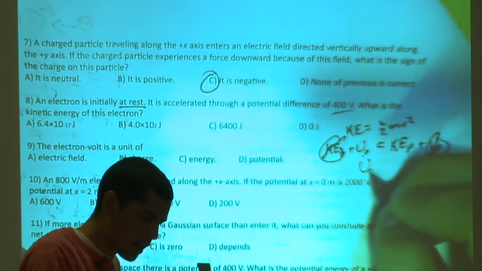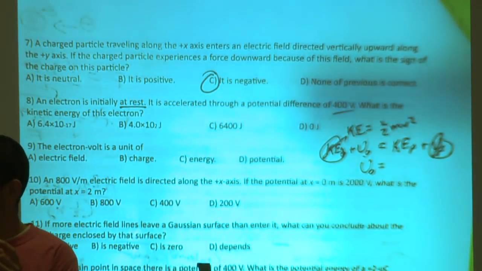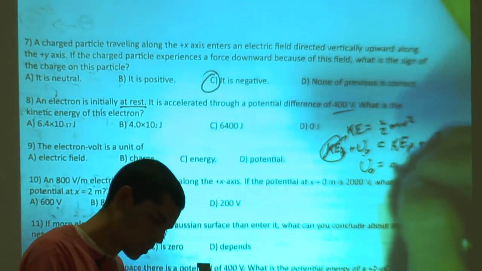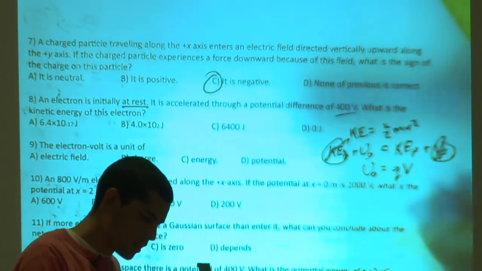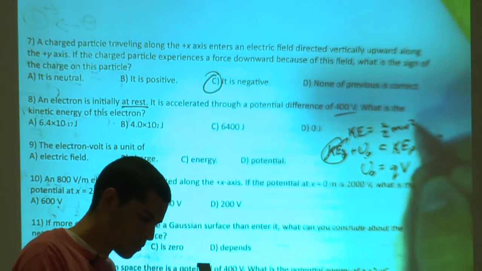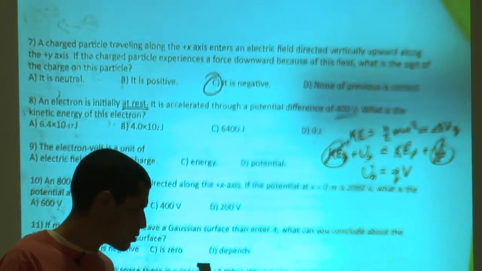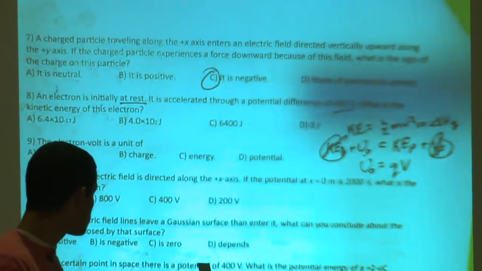Thus, what equation do we have for the potential energy of a particle? Q times V. Awesome. So we'll see it's just Q times V. And if it goes throughout the entire thing, we can say that our kinetic energy is delta V times Q, thinking conceptually here.